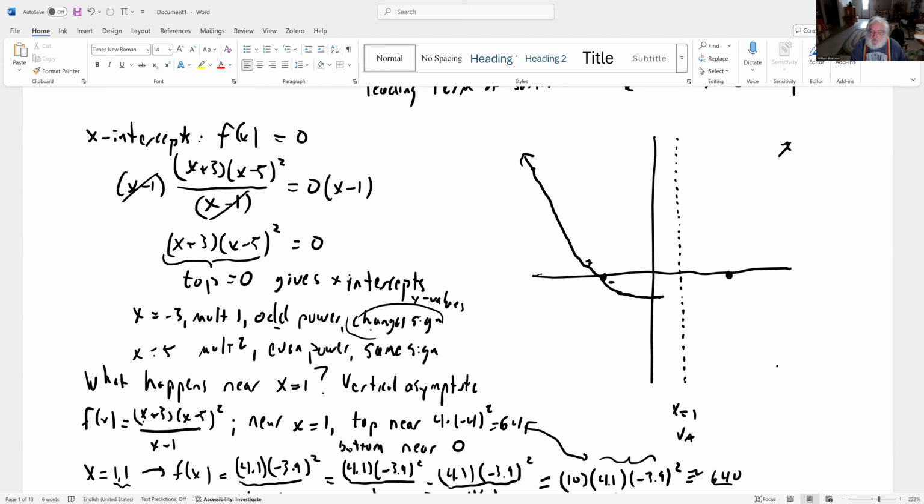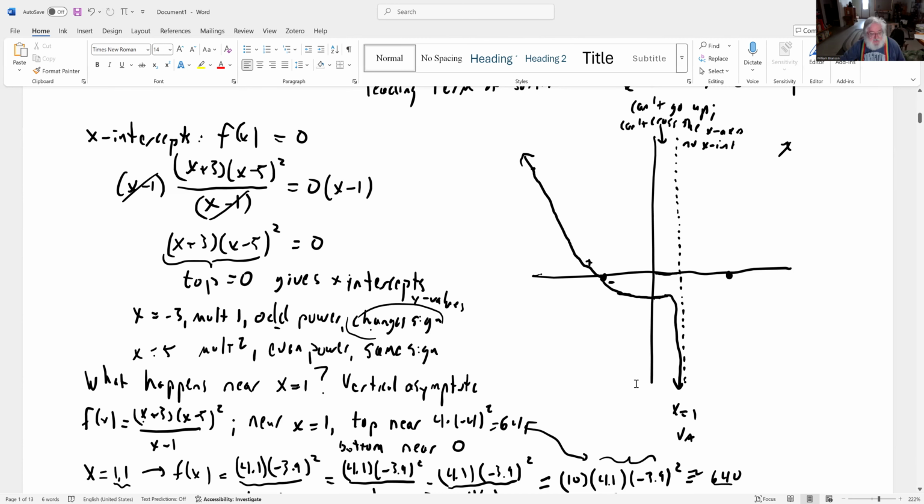But here we can't go up because you can't cross the x-axis. There's no x-intercept in here. And so when we're getting to the vertical asymptote, we can't go up to positive infinity. We have to go down to negative infinity.